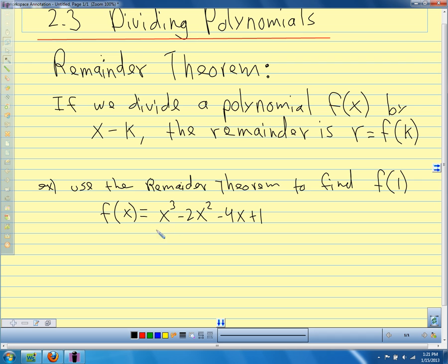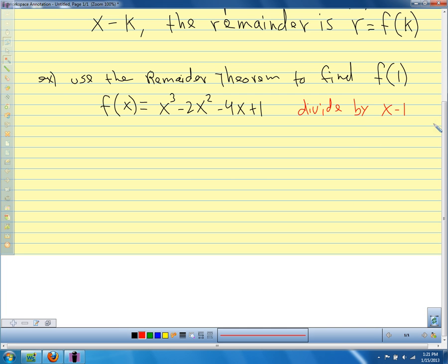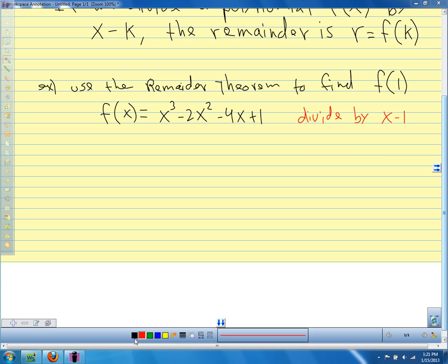So what we're going to do is divide by x minus 1, and we're going to use synthetic division. So we're going to put a 1 out front.